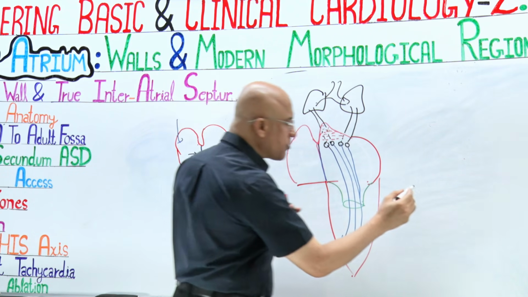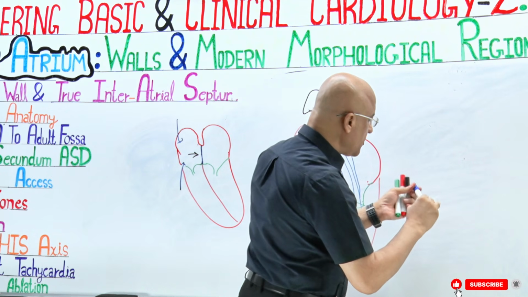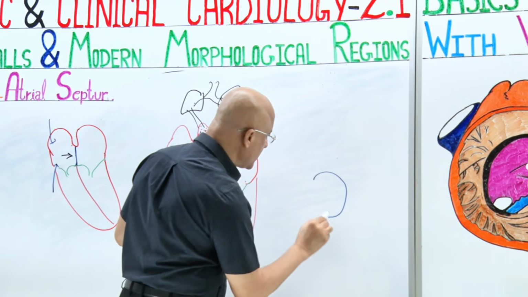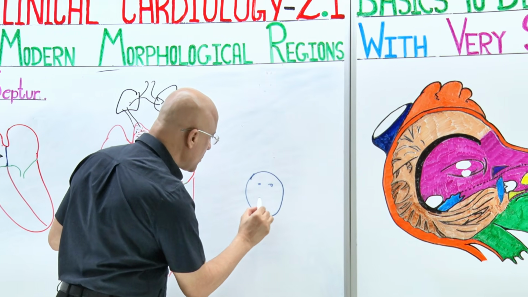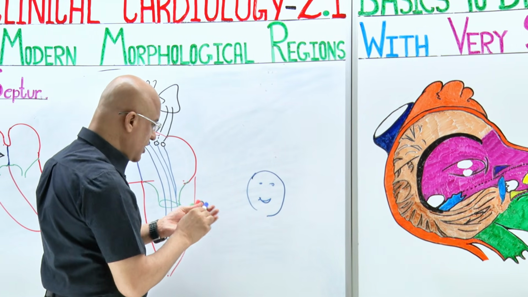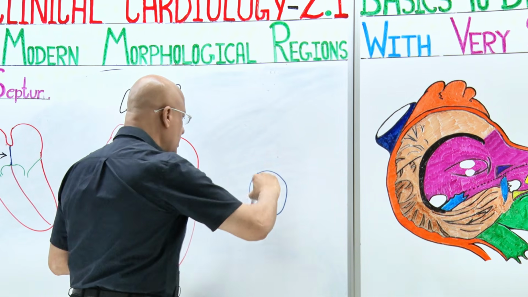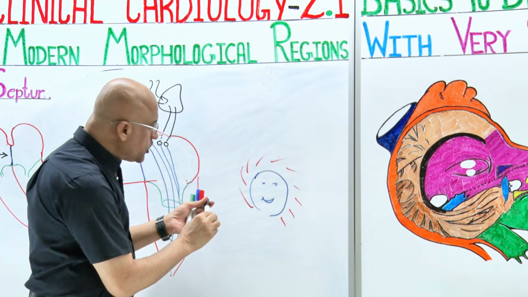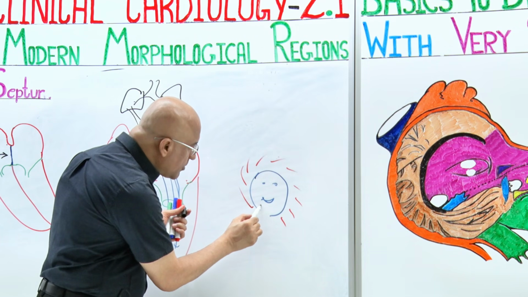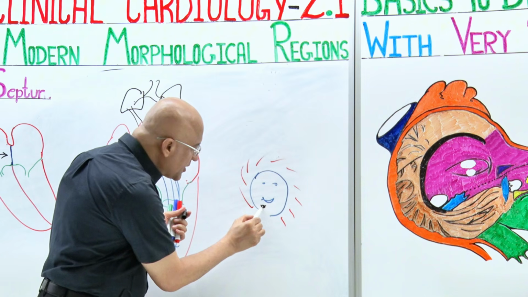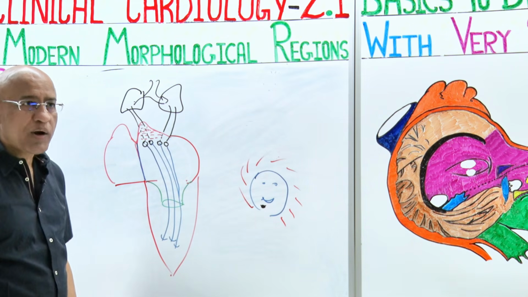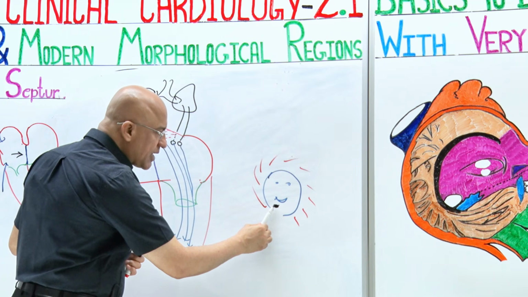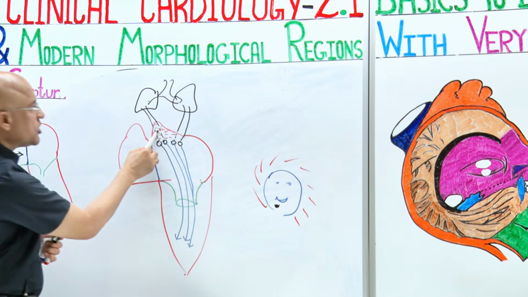We choose the puncture point in the lower and posterior area here. You know why? Because the catheter and needle can be directed upward into this pocket.